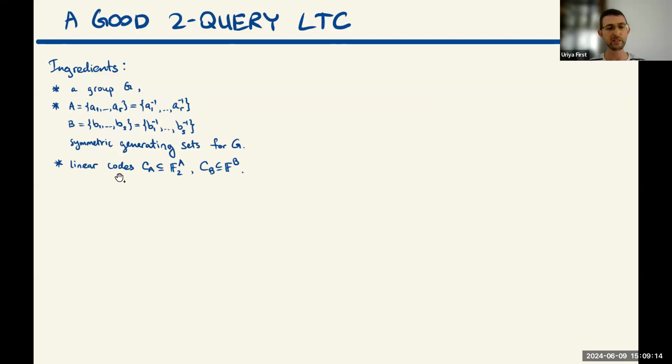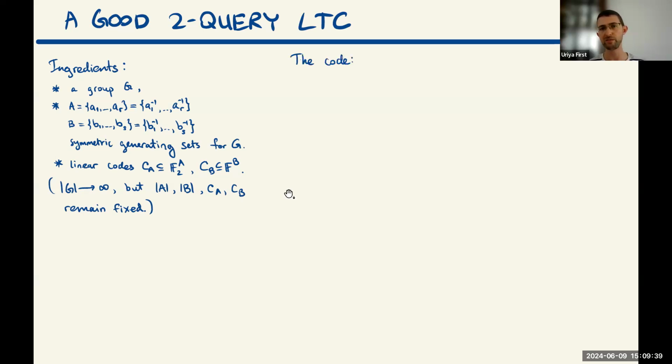I need two linear codes, CA inside F2 to the A, and CB inside F2 to the B. I should say that the size of G will go to infinity, but the cardinalities of A and B, as well as the codes CA and CB, will remain fixed. So only the group will essentially change. So those are the ingredients.